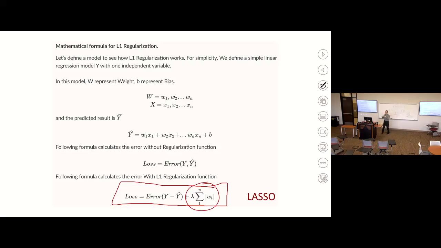You balance them automatically through the search engine of the optimization to give you a solution. So lasso's only difference from the linear regression least squares cost function is this additional term, adding the L1 norm of your regression coefficients into the loss function in order to achieve a balance between the number of coefficients and the model's predictive power.